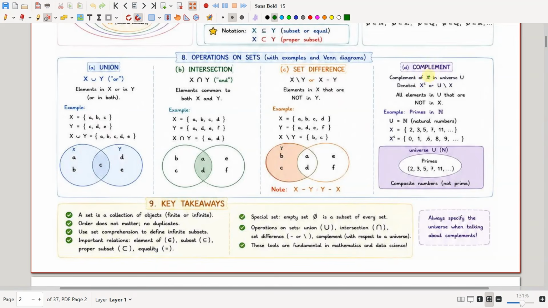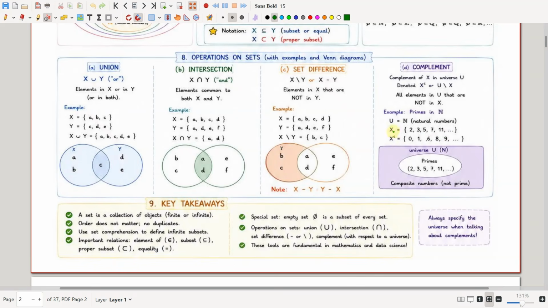And complement means complement of X in universe U. So it is denoted by using X complement or U slash X. Okay. So it denotes all the elements in U but not in X. Let us say your universal set will be natural numbers and X will be {2, 3, 5, 7, 11}, which are all the prime numbers.